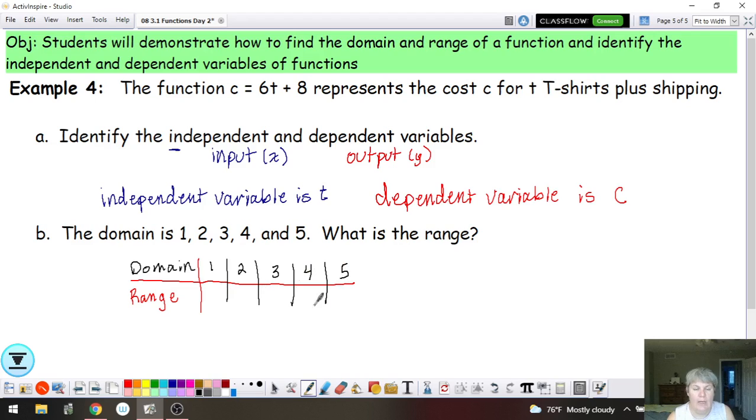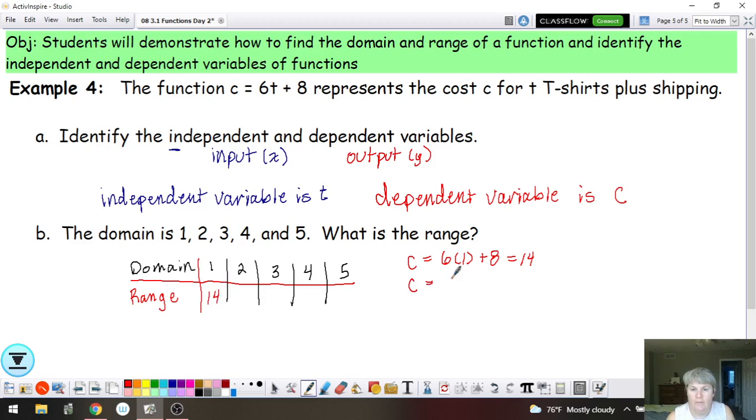To find my range, I need to take these domain values, these input values, and substitute them for T to get my output. So C is going to equal 6 times 1 plus 8. When T is 1, 6 times 1 is 6, plus 8 is 14. So when our domain value is 1, our range value is 14.